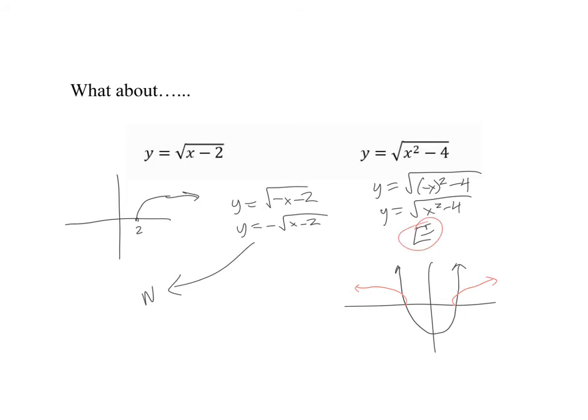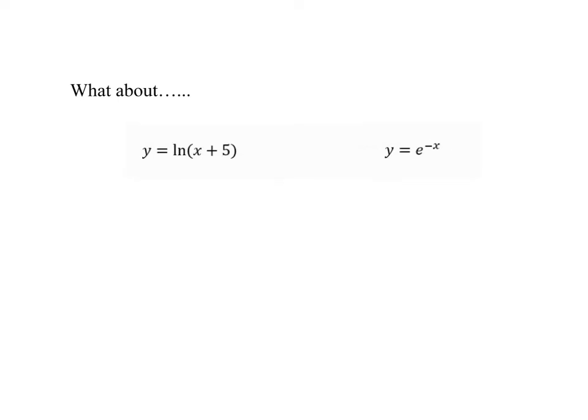Other than that, all other square root graphs will be no symmetry at all. It's just these square root ones, the quadratic seagull type, that would be the same. Other kinds of functions, logs and exponents, generally there's no symmetry at all, because whether it's a log or an exponent, they basically just start along the asymptote line and curve up. So it doesn't matter if it's log base 5, log base 4, whatever.